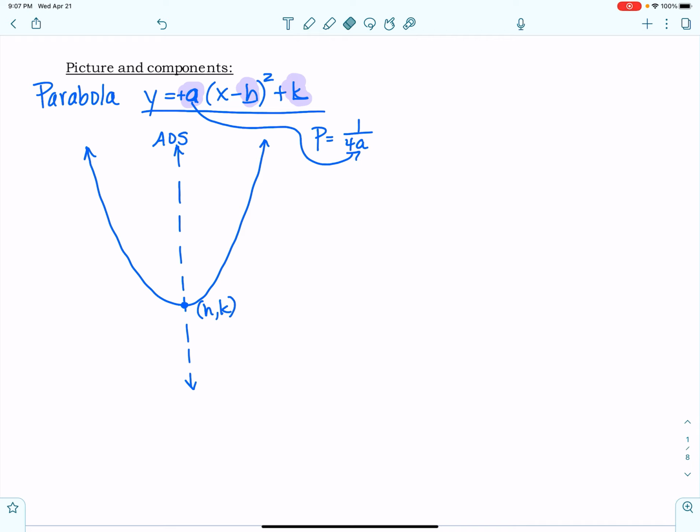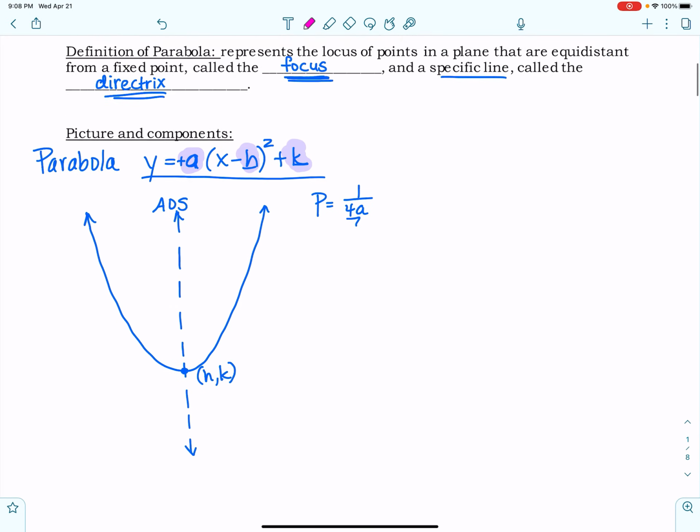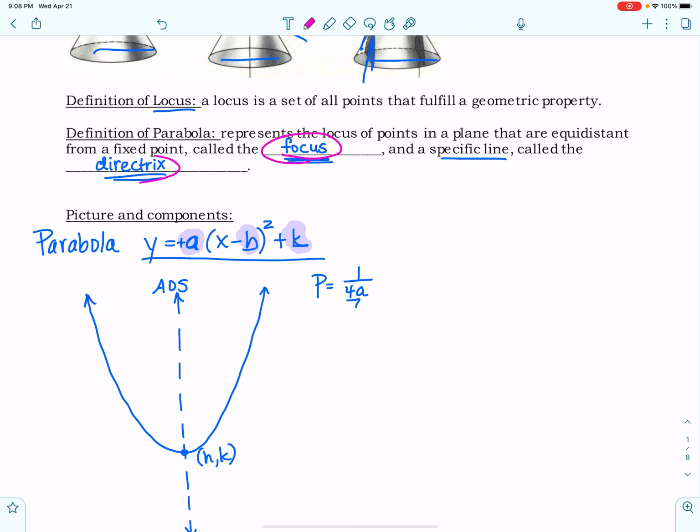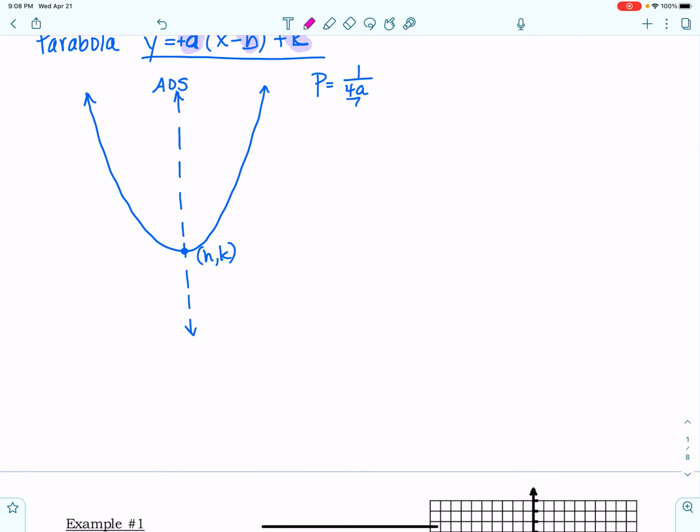Now, when we find p, here's what it's good for. It tells me that it is equidistant from the vertex to two different places along the axis of symmetry. So that leads us to talking about these little guys right here, focus and directrix. The focus is always on the axis of symmetry, and it's always an ordered pair, and it is always inside the curve of the parabola.